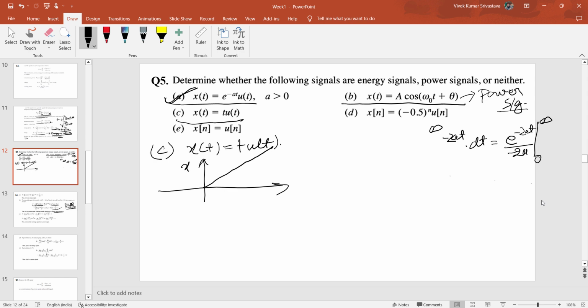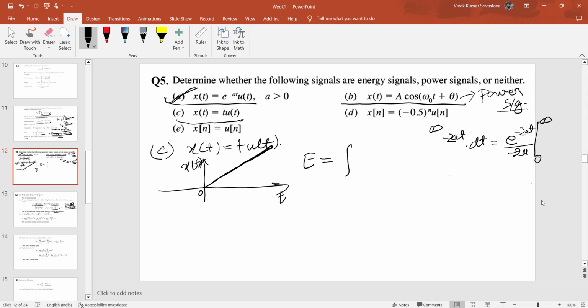So this x of t is plotted like this. Okay, this is basically a straight line, and it will start from 0 and go till infinite.